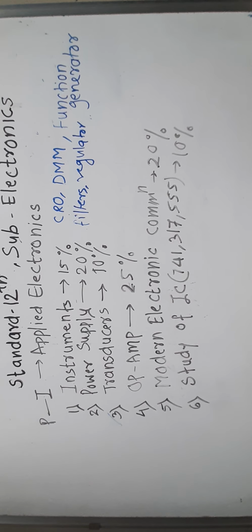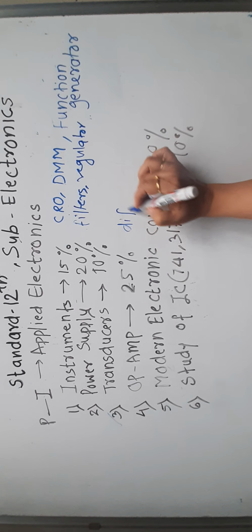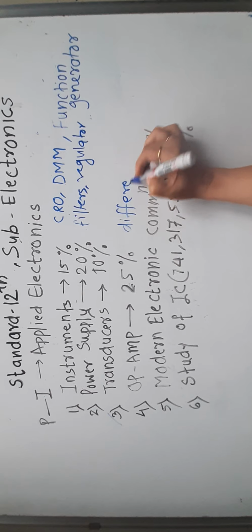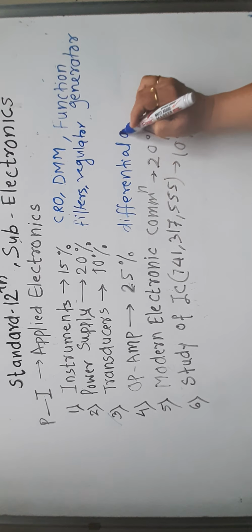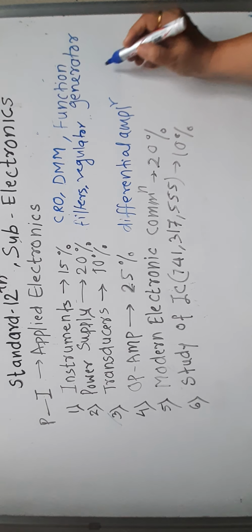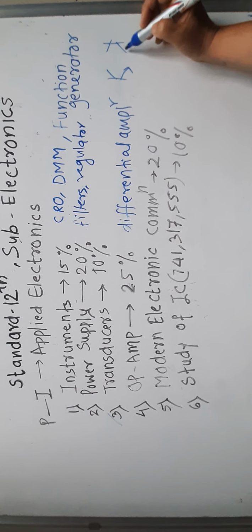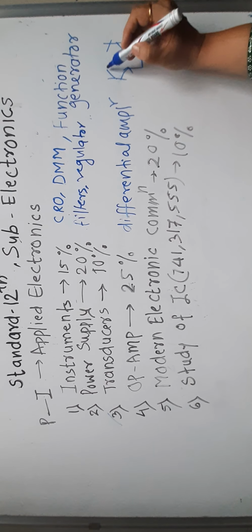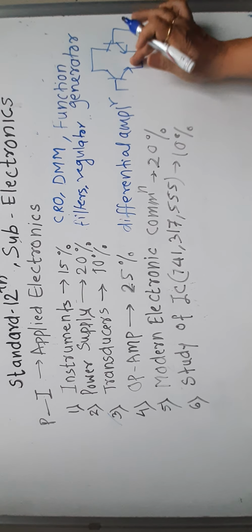Next is operational amplifier. Operational amplifier is made up of differential amplifier. You have seen differential amplifier in last year's syllabus. How does it look? I will show a rough diagram of a differential amplifier.